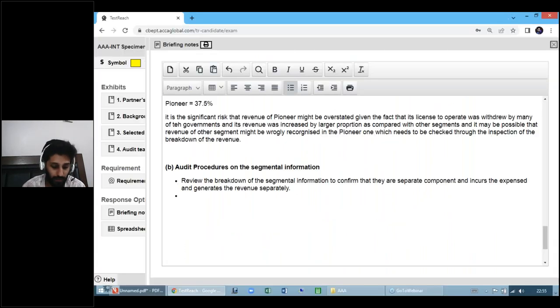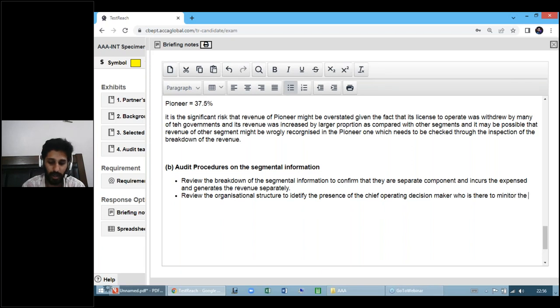So you need to review the organizational structure to identify the presence of the chief operating decision maker who is there to monitor the performance of the segments, right?